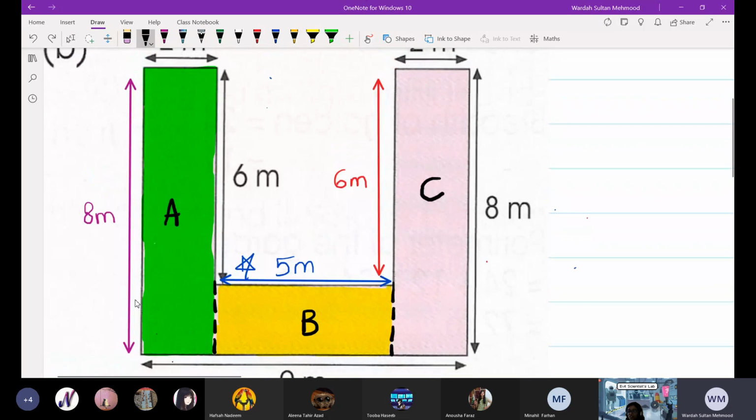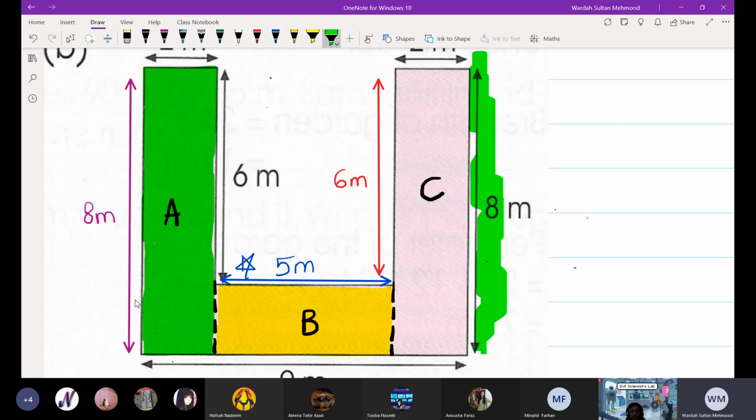We will take a clue from the other horizontal sides that are given. We are given the total length, which is 8 meters here, and we know that from this total length, this much part is 6 meters. The remaining part is going to be the breadth of B. So how would you find the remaining part?